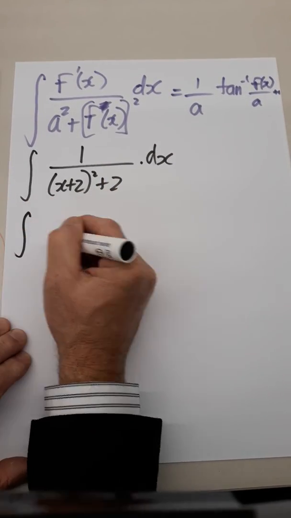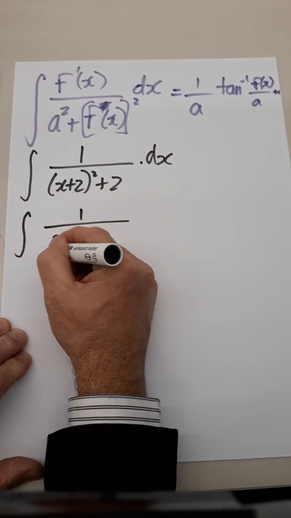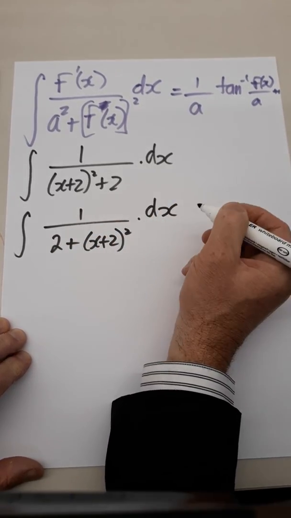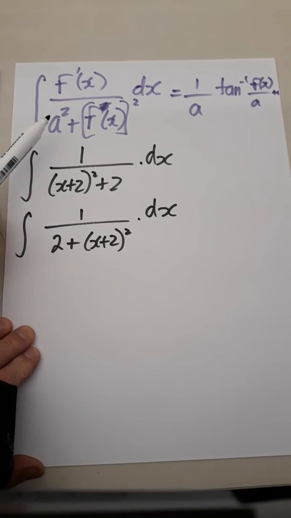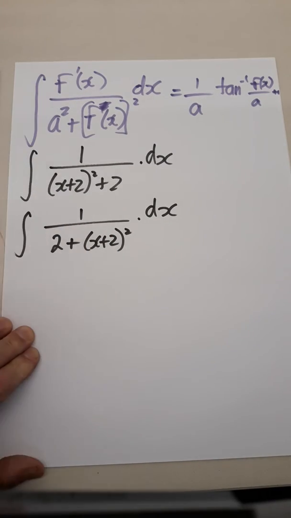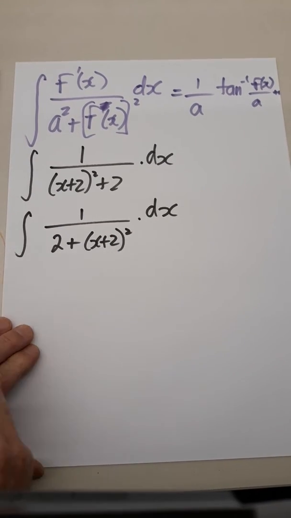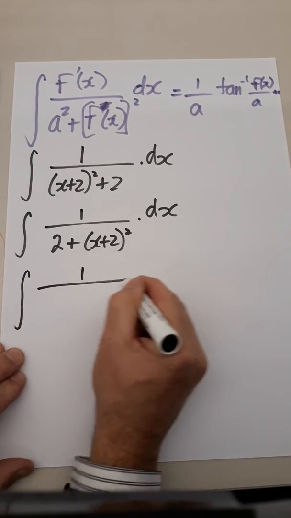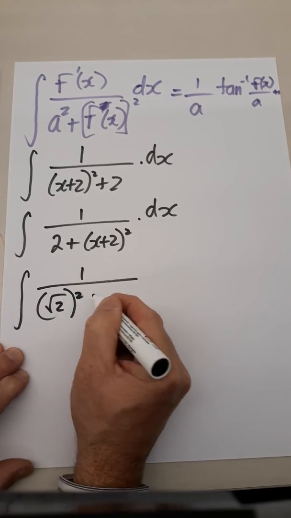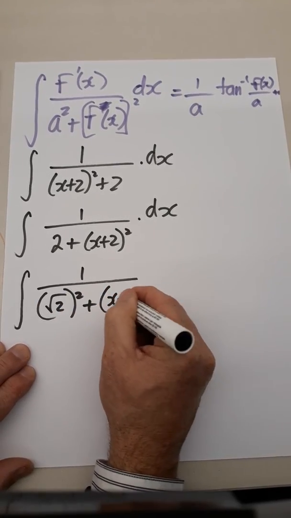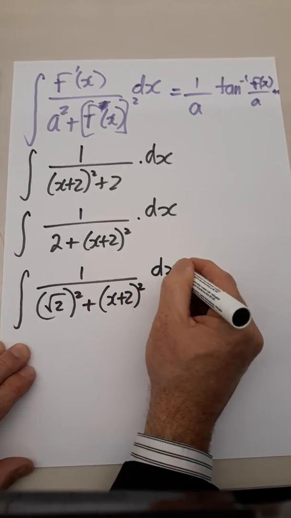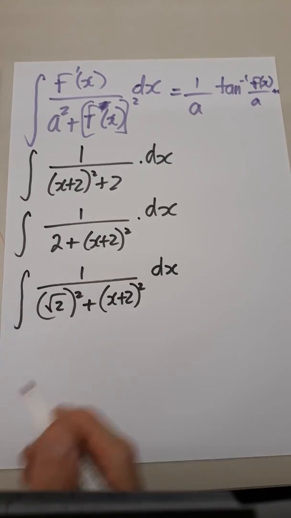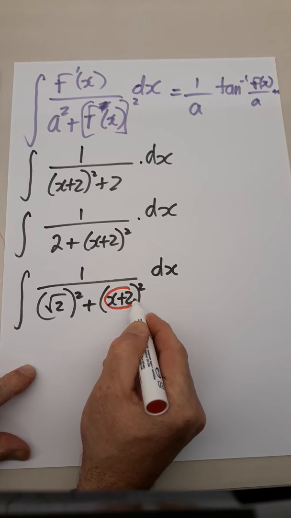Let's reverse these around. 1 on 2 plus (x plus 2) squared dx. All right, so at least I've got a squared plus f of x squared. What would a squared be? It'd be root 2 squared. 1 on root 2 squared plus (x plus 2) squared dx. The function that's being squared is x plus 2.